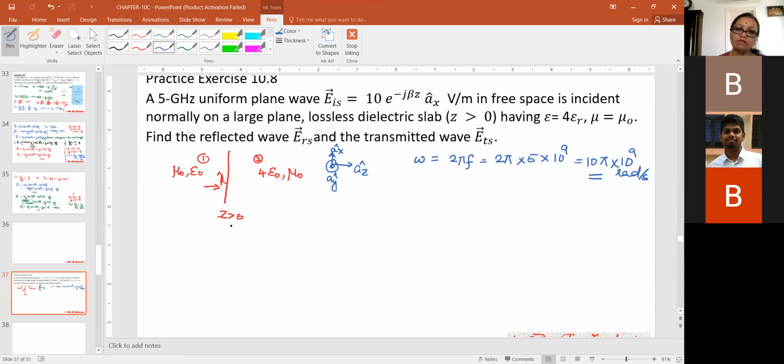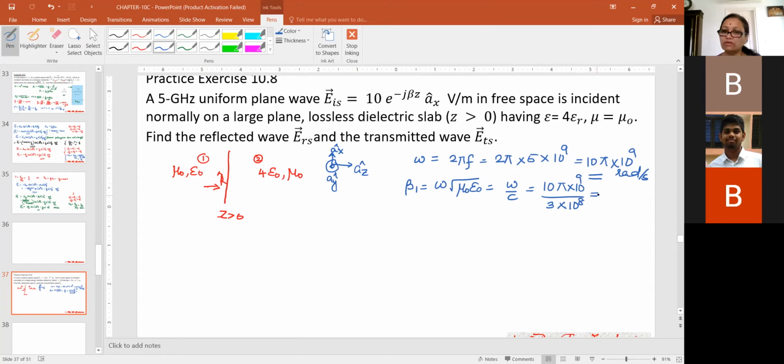Can we get beta 1? What is beta 1? Omega by root of mu naught epsilon naught, which is omega by c. So this is going to be 10 pi into 10 to the power of 9 divided by c, which is 3 into 10 to the power of 8.